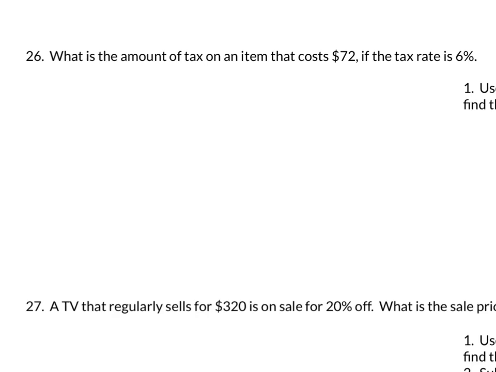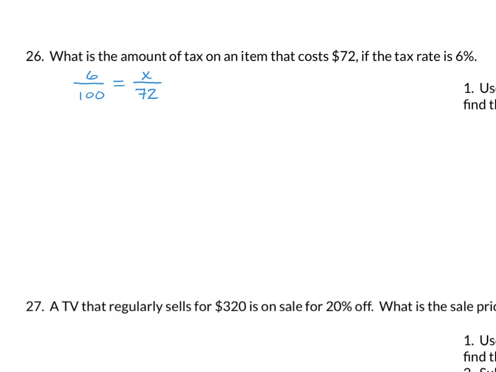So I'm going to go ahead and set up my proportion. My percent goes over 100. 72 is the original cost of the item, so it's going to go on the bottom. And again, I want my amount of tax, my unknown, to be on the same side as my tax rate.